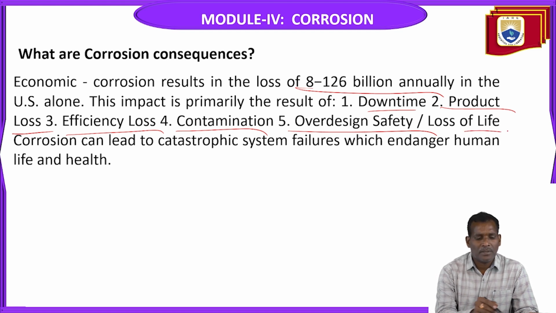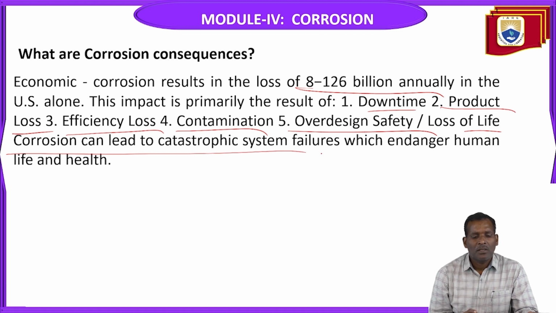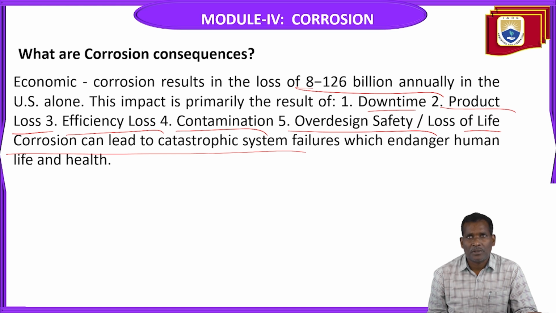Loss of life: corrosion can lead to catastrophic system failures. So, we endanger human life and health. These are the corrosion consequences. Mainly it will affect the economy. Corrosion results in a loss of 8 to 126 billion annually. It is a very great loss due to corrosion.